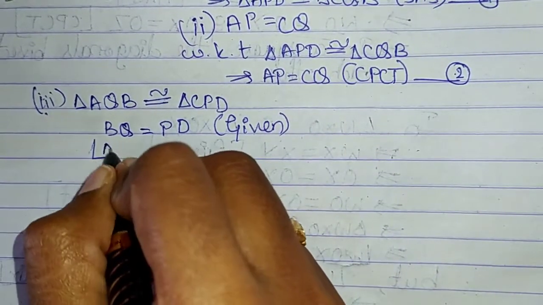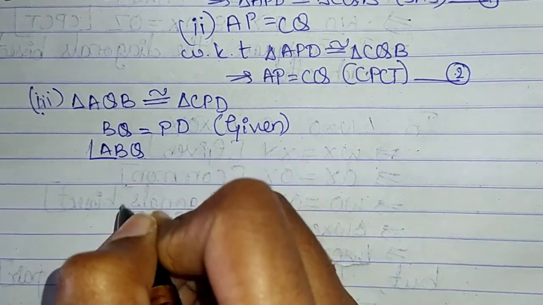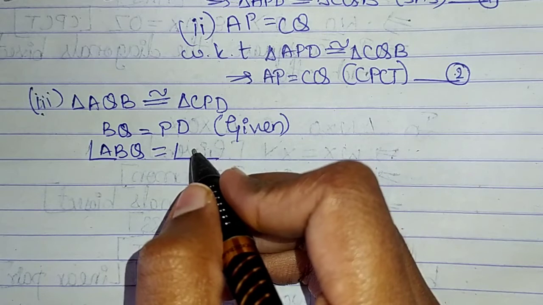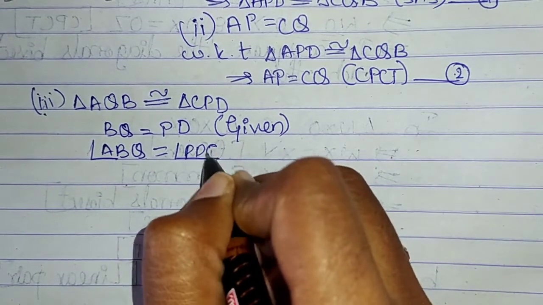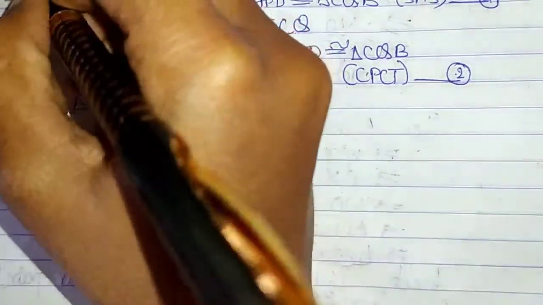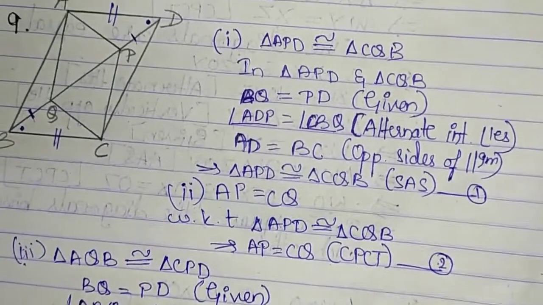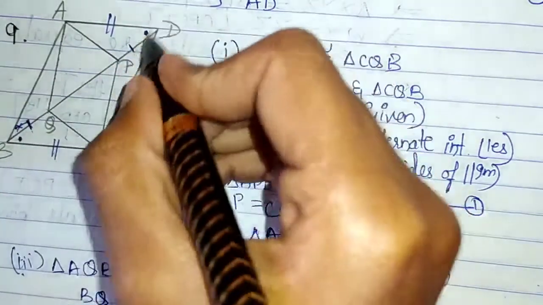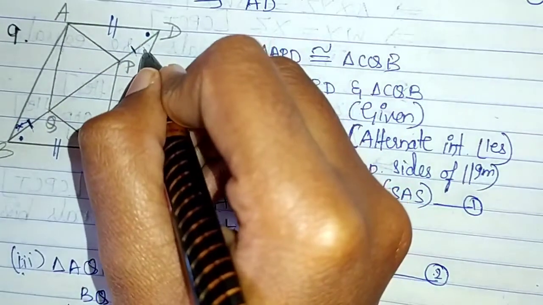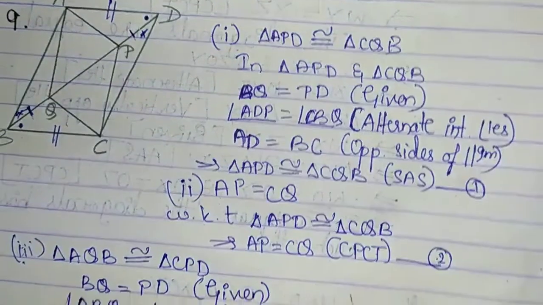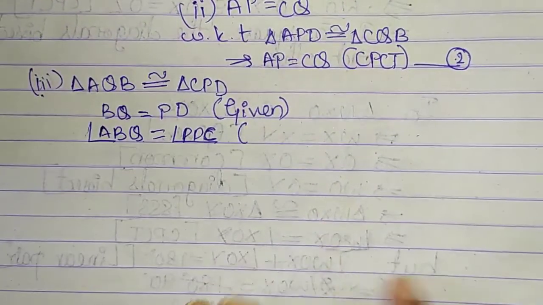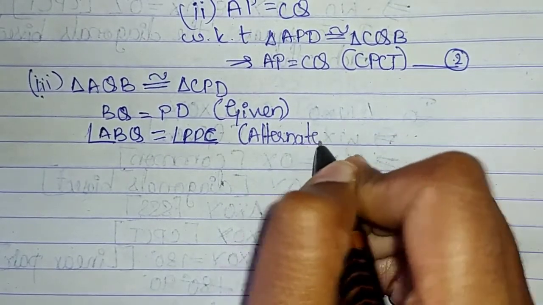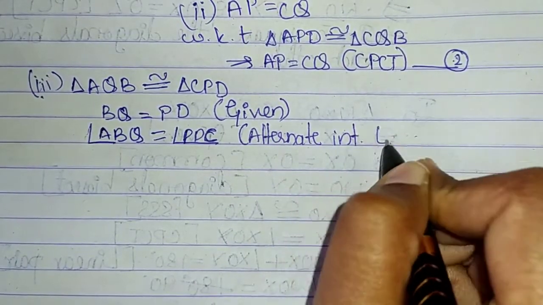Angle ABQ is equal to angle PDC because they are alternate interior angles.